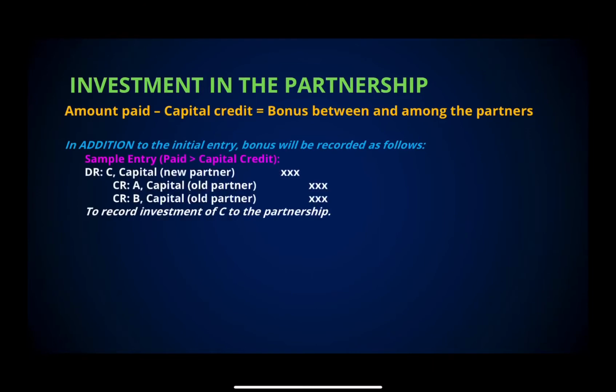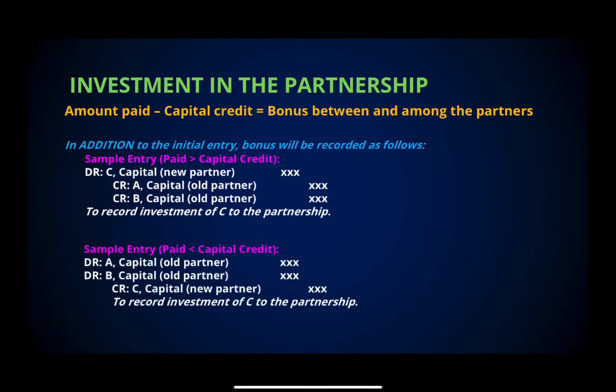If the amount is greater than the capital credit of a new partner, a bonus to the old partners will be recorded by crediting their respective capital accounts. And if the amount paid is less than the capital credit of a new partner, a bonus to him will be recorded by crediting his capital account and debiting the capital accounts of the old partners.